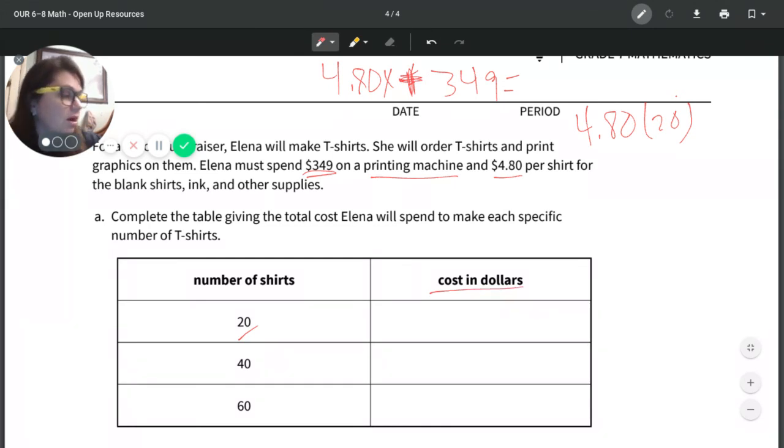So let's see, we've got 4.80 times 20. Yes, I am using a calculator. You guys don't want to see me write all this out. It would give us $96 plus the $349. So that gives us a total of $445 if she makes 20 t-shirts. Okay.